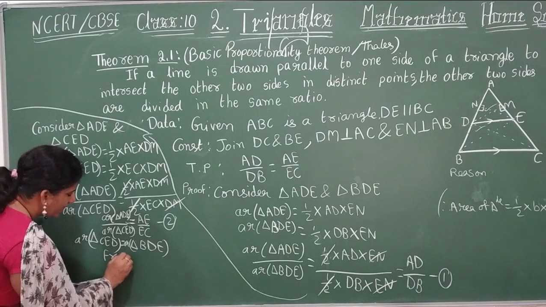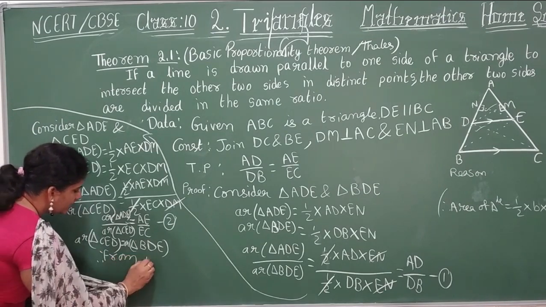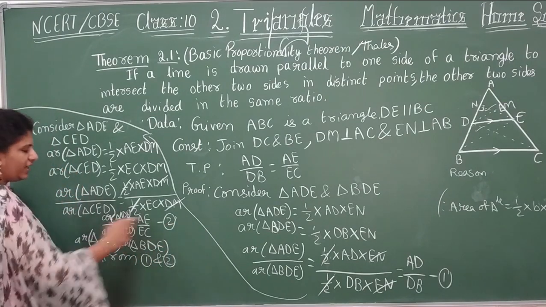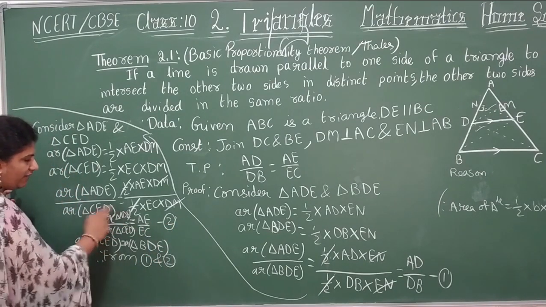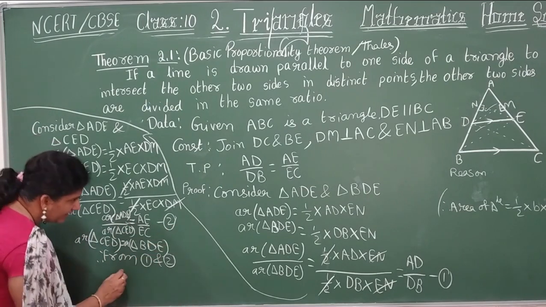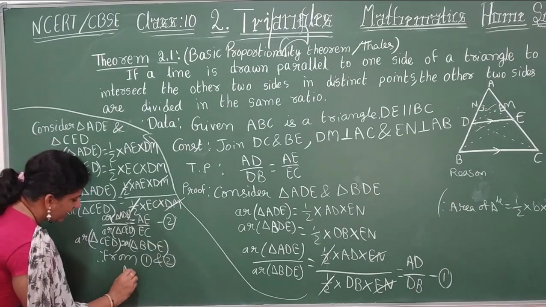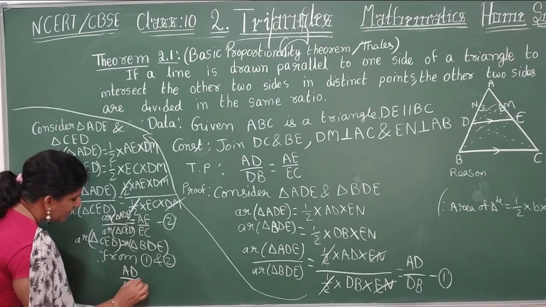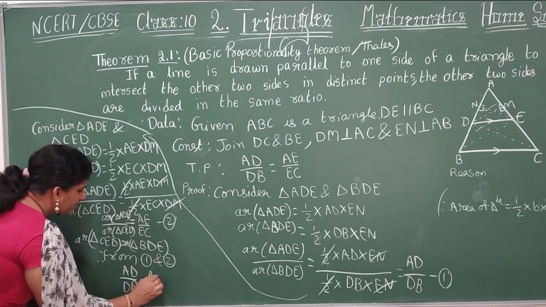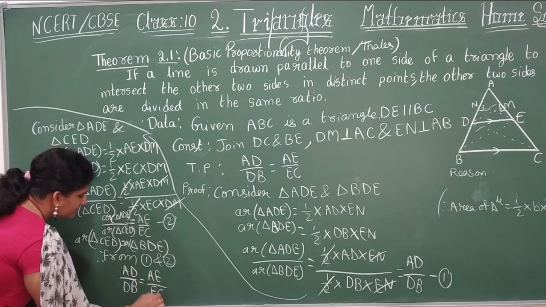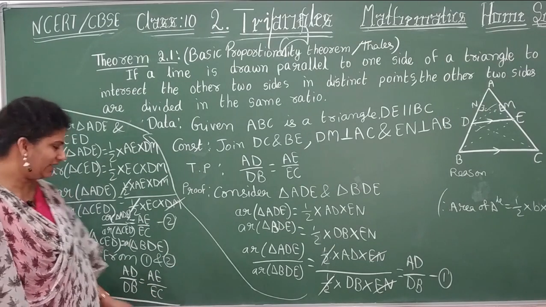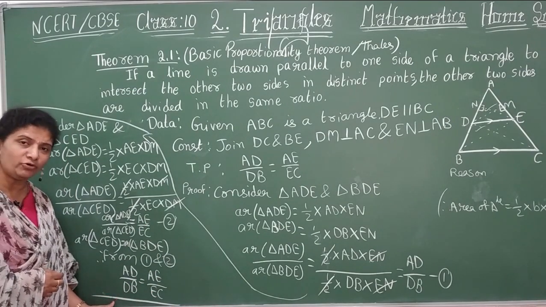Therefore, from equation 1 and 2 on comparing, these are equal, right? Skip this left hand side part and write that one. What is your first equation? What are you left with? AD by DB is equal to the second equation AE by EC. Therefore, the ratios are in proportion. This is the one we need to prove here, children.